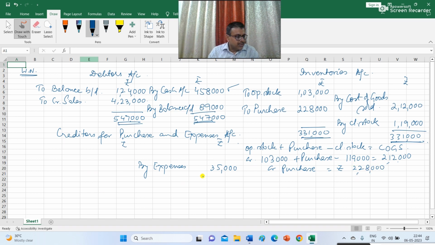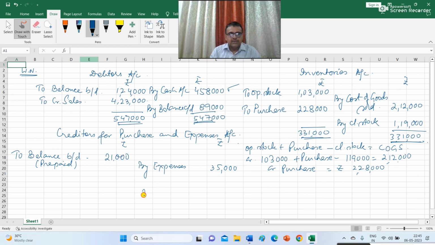Now, regarding the prepaid expenses, the opening and the closing balance. This is basically a debit balance because it's a prepaid expense. So in the creditors for purchase and expense account, I am writing here to balance BD, the amount of prepaid expenses, and the opening balance is 21,000.